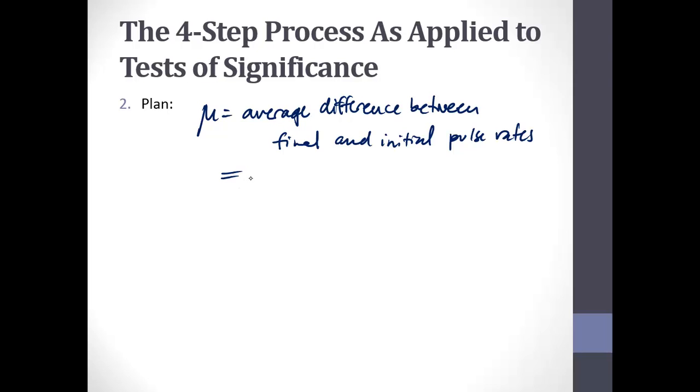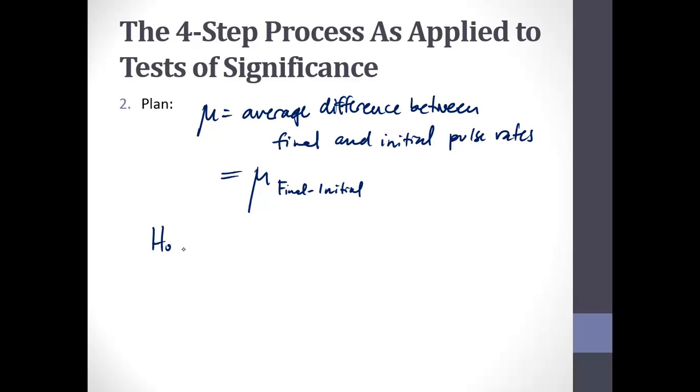And actually, I'm going to write that again. I'm going to write mu with a final minus initial to remind us that we're taking the final resting pulse rate and subtracting off the initial and not the other way around. So just remembering that's what we're talking about.